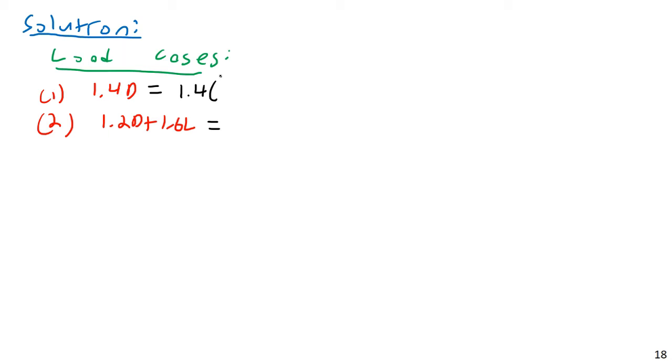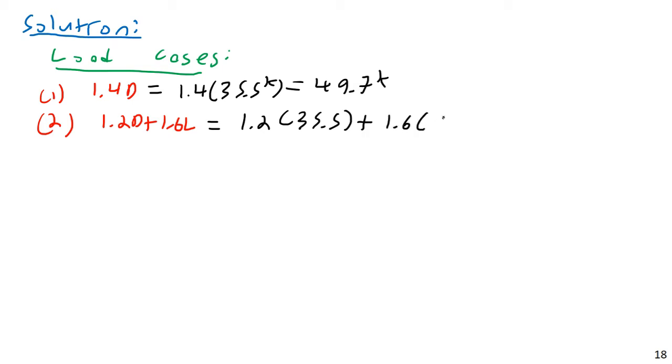So 1.4 times 35.5 kips is going to be equal to 49.7 kips. And 1.2 dead plus 1.6 live is going to be equal to 1.2 times 35.5 plus 1.6 times 106. And this will be equal to 212.2 kips.